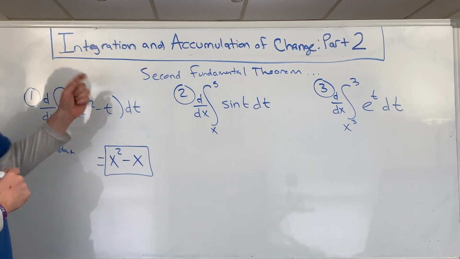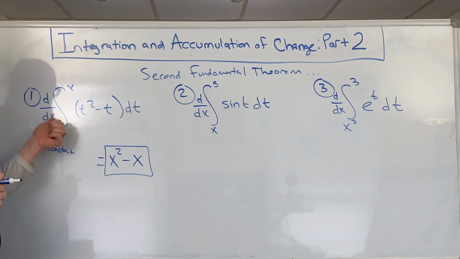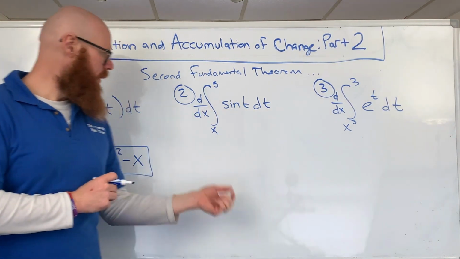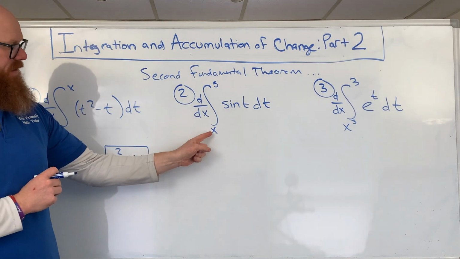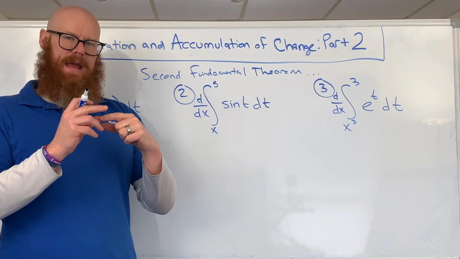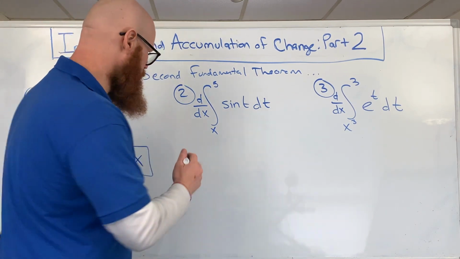So this is a very specific problem. You will know it when you are given an integral and then you're asked to find the derivative of that integral. If we look at this example, this one is slightly different. The constant's not on the bottom. So we want to make it so that the constant's on the bottom, and we can use a property of integrals.